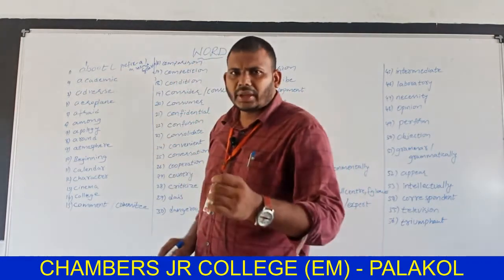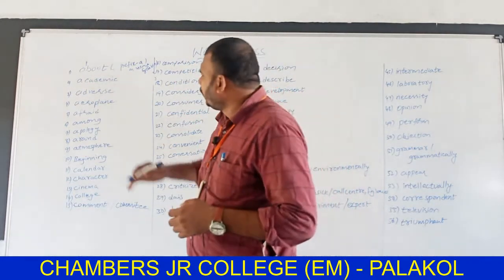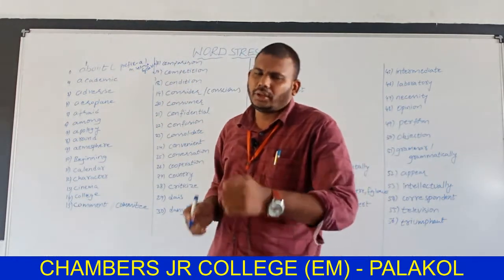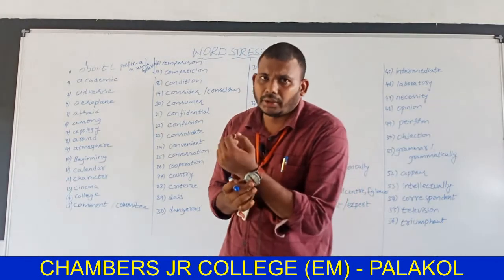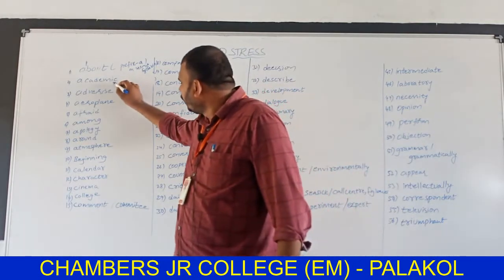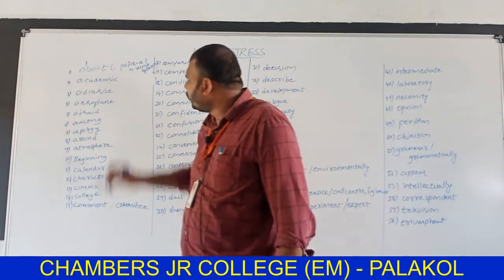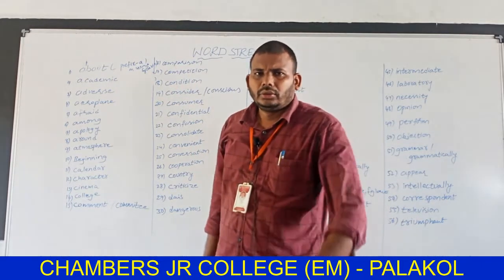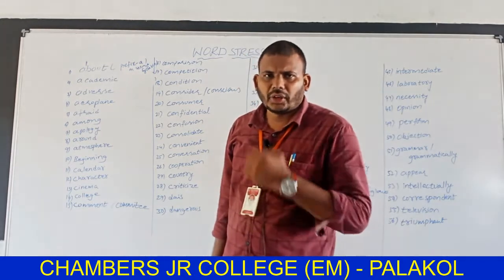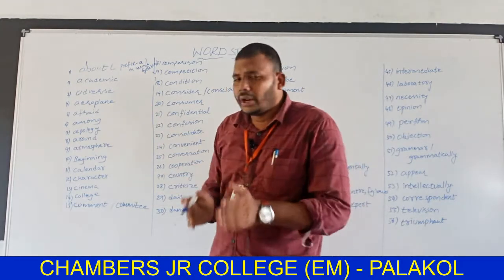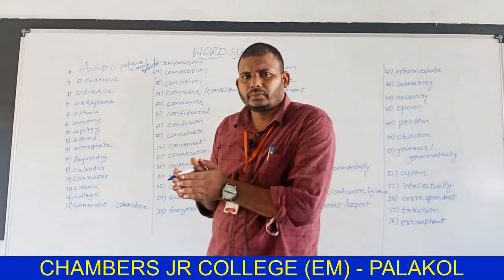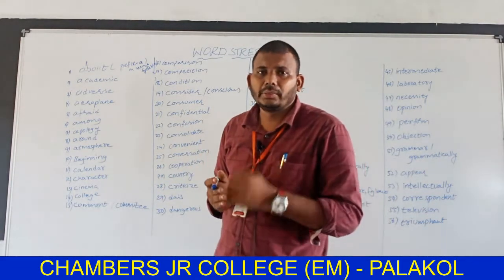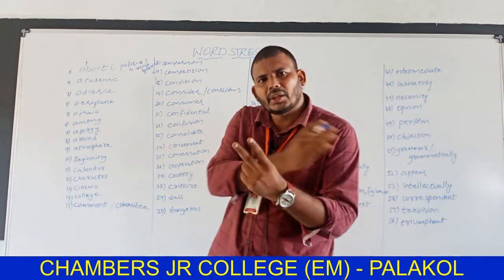Academic. Here the word academic also has the prefix a, but that is not applied here. Here the word ends with the suffix ic. The rule regarding the suffix ic is, when a word ends with ic, it takes stress on the penultimate syllable, the second syllable from the end.